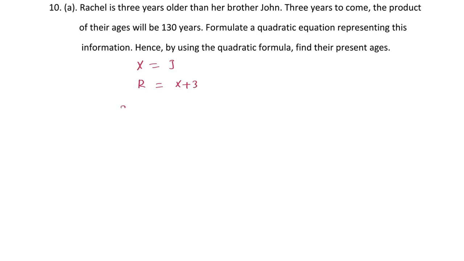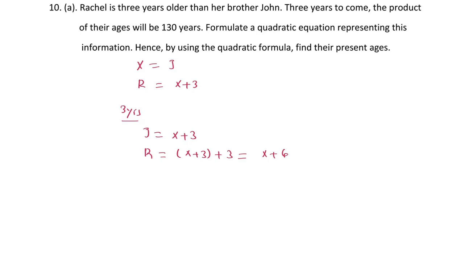Their ages 3 years to come will be: John equals x plus 3. Rachel's age will equal, in brackets, x plus 3 plus 3, which solving this we get x plus 6.